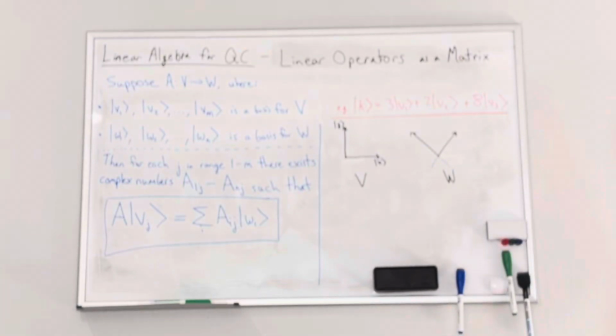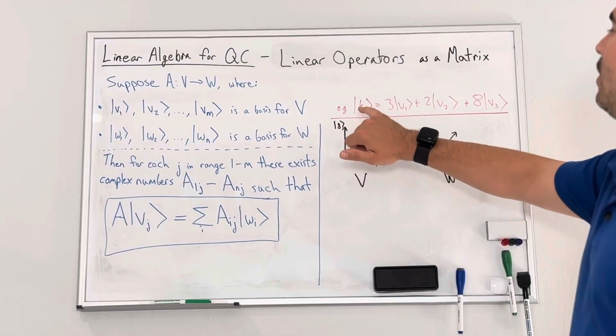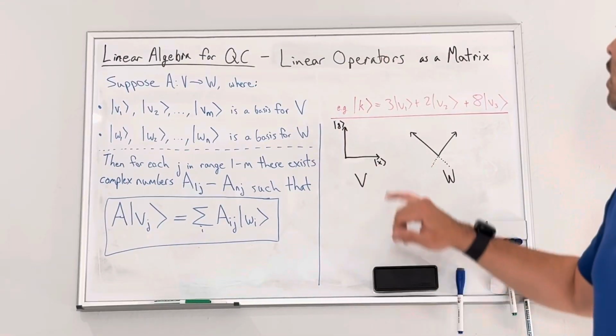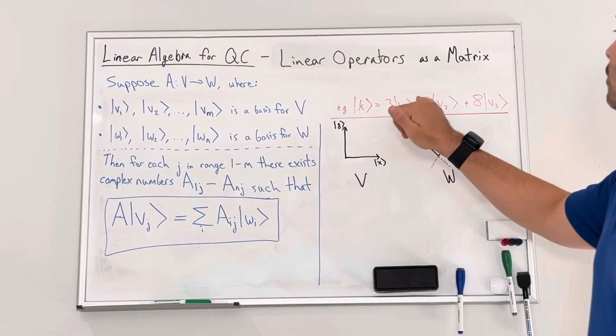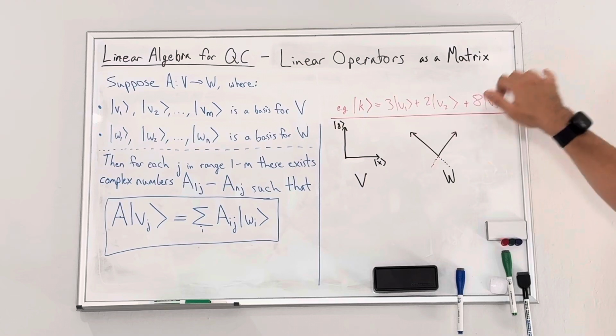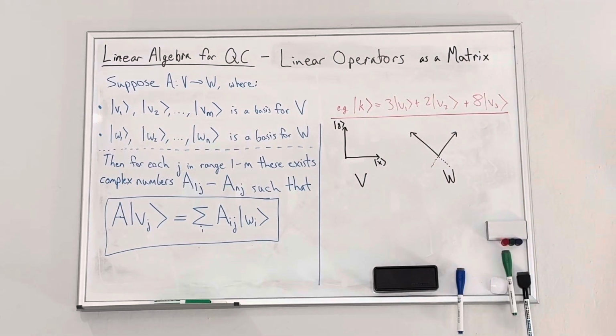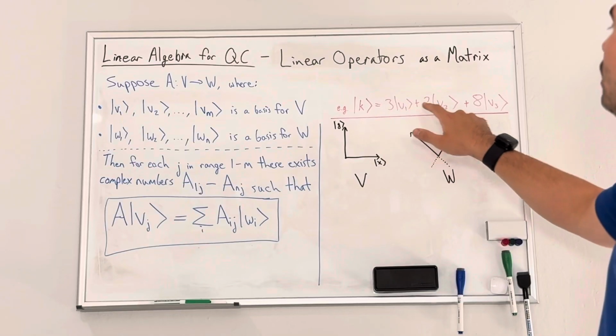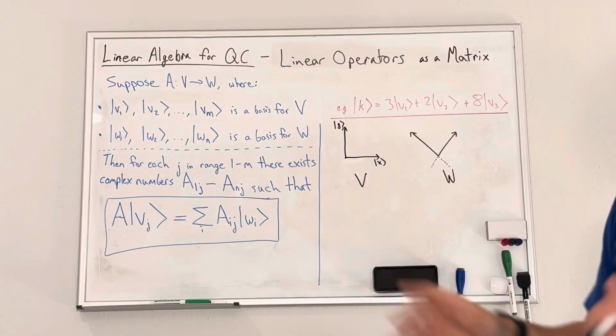The idea here is just like I could say some vector K is a combination of 3x plus 2y plus 8z, right? In this case, instead of calling them x, y, z, I'm calling them v1, v2, v3.